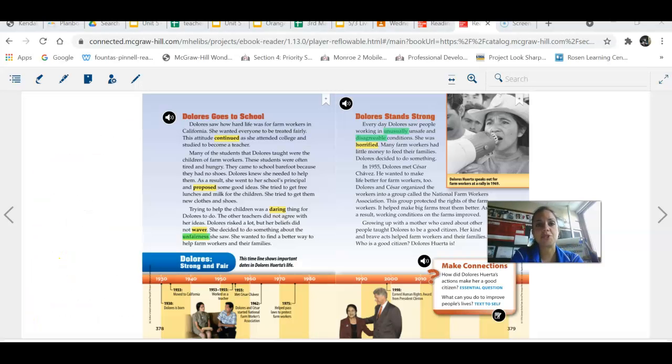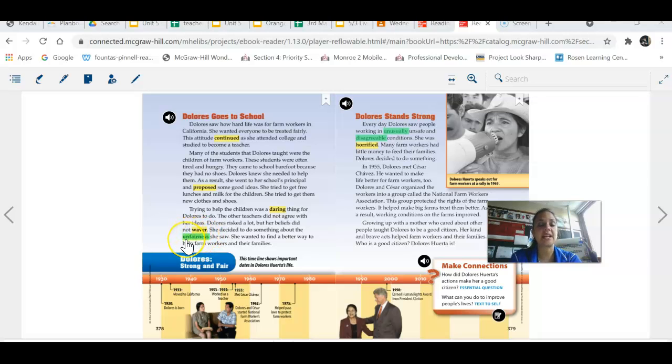We can use this same strategy of identifying prefixes, suffixes, and noticing the root word when we're reading in the text. If you look down at this last paragraph in this section, Dolores Goes to School, I have a word highlighted in green that has a prefix and a suffix and the root word.